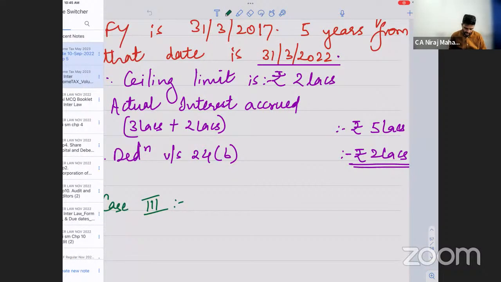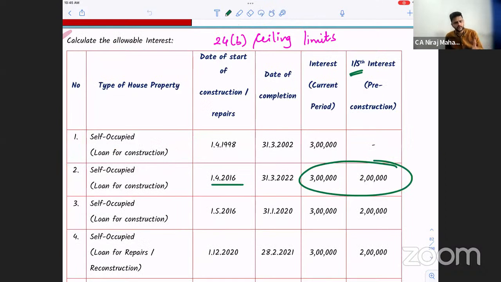What are they, bacho? 3 lakhs is the interest belonging to the current year, and 2 lakhs is interest belonging to the pre-construction, 1/5. That also I'm assuming, or it is given there. Understood the point? That is how total interest we can claim as deduction under 24B, current year as well as pre-construction. So I'm taking the total of that, but that is subject to the ceiling limit.